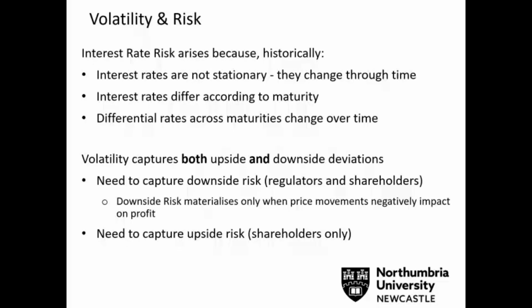When we look at the volatility of interest rates, regulators obviously look at the downside, and so do shareholders. Ultimately, if interest rates change, to the bank, that will hit their profitability, but also it will hit the value of their assets, which we'll go on to explore when we talk about measurements.